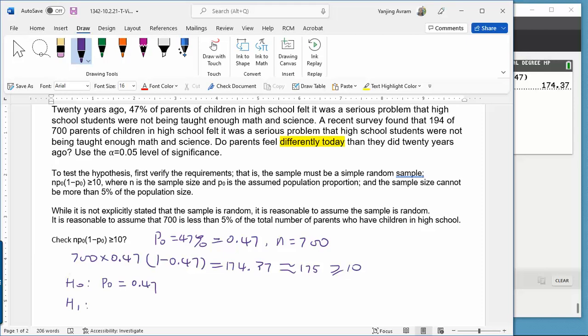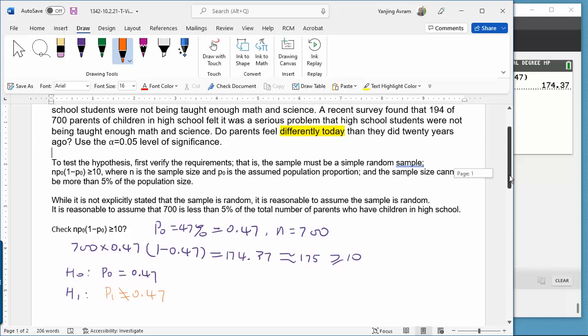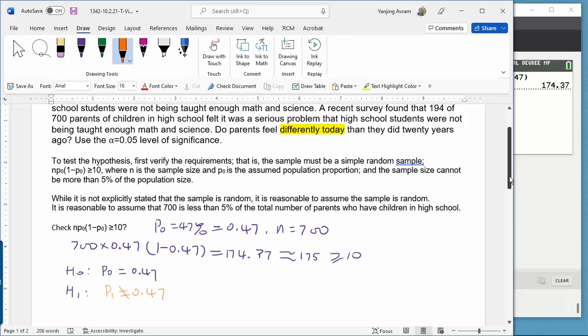So apparently this is a two-tailed test, and the alternative hypothesis should be not equal to, because it isn't testing greater than or less than. This is also the statement we're trying to test here: do the parents feel differently today?